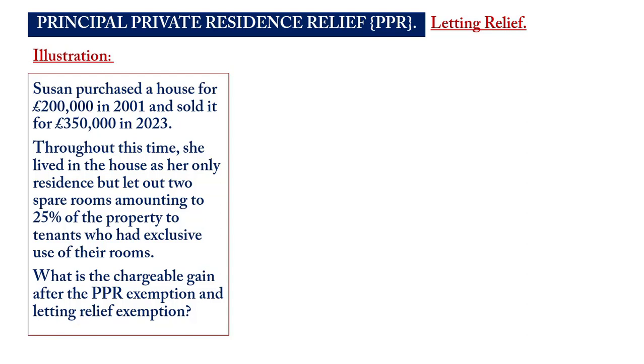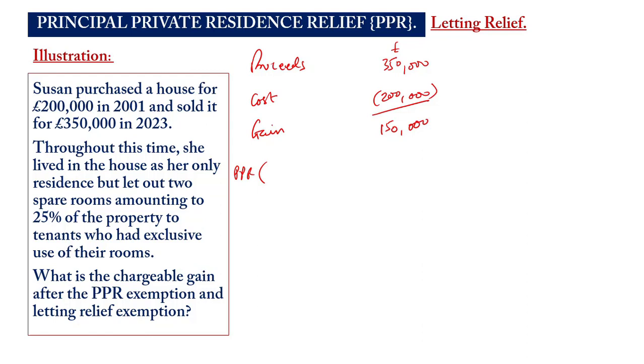Now, when we take the gain, the proceeds is £350,000. Then we less the cost, £200,000. That will bring us to the gain of £150,000.